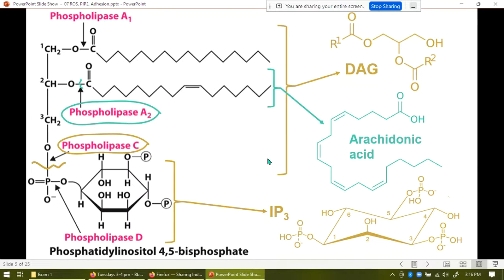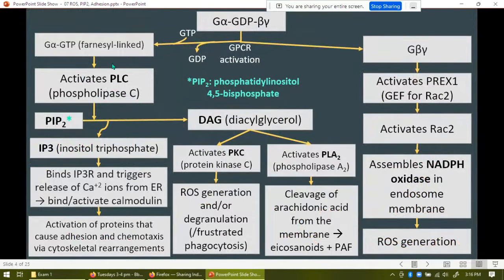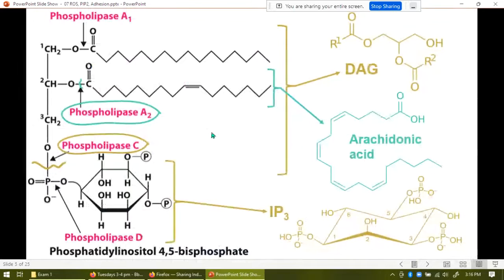So, there's some points of confusion, probably, already. There's a couple of different phospholipases. You've got phospholipase C that's activated by G-alpha. You've also got phospholipase A2 that's activated by DAG. Phospholipase C cleaves right here, and it generates IP3 and DAG from this generic membrane lipid.